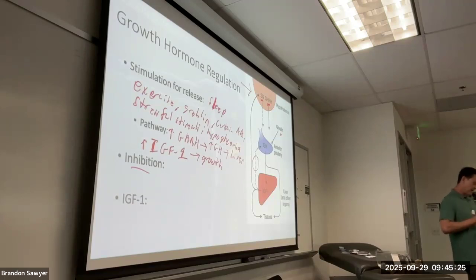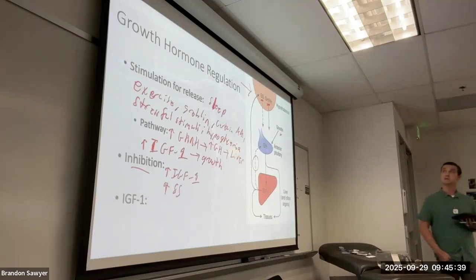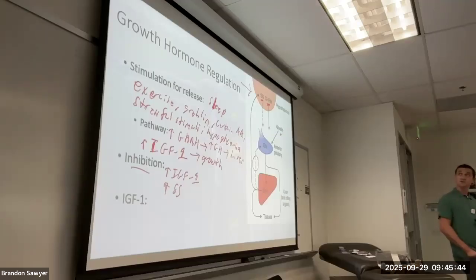The inhibition is going to be caused by that increase in IGF-1, and an increase in somatostatin, that's what the SS is there, which is also known as GHIH, growth hormone inhibiting hormone.